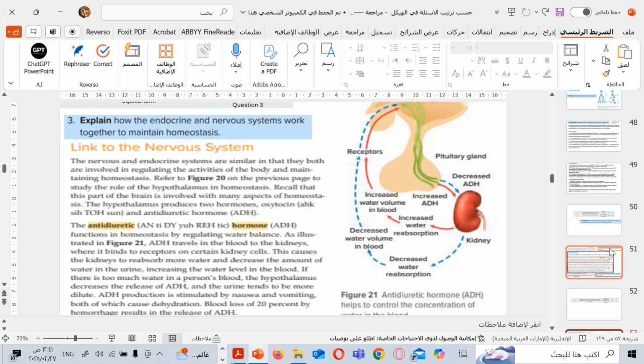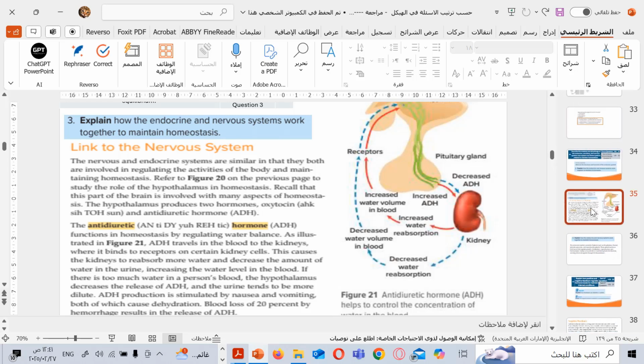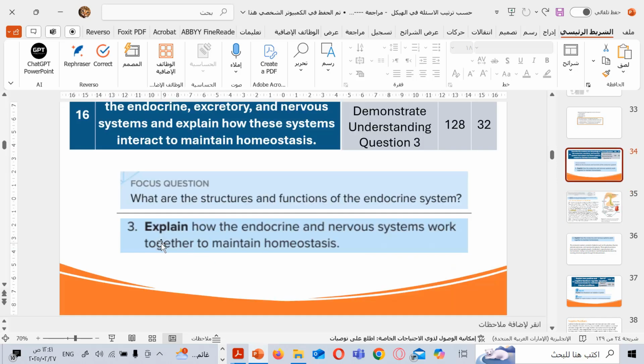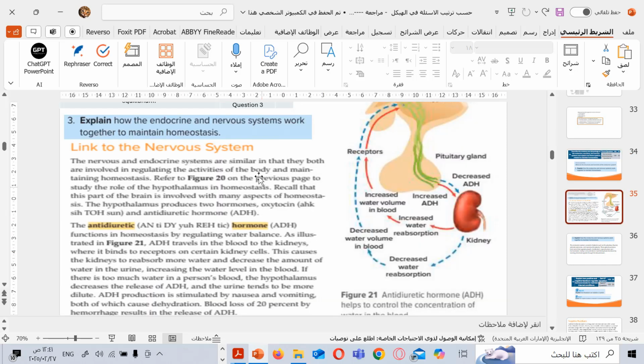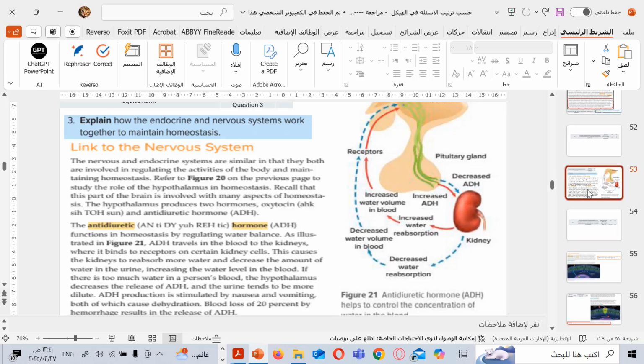We saw this one before, and the same question again here. So this paragraph will have 2 questions. Be careful about it.